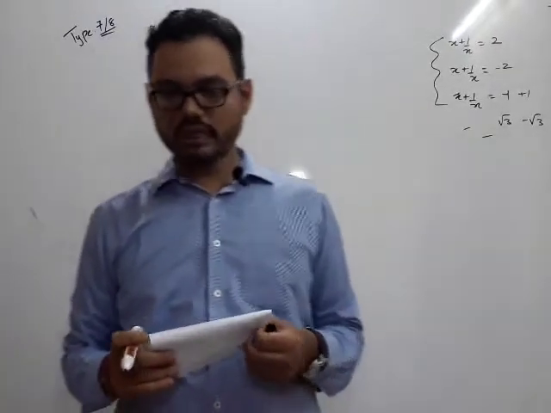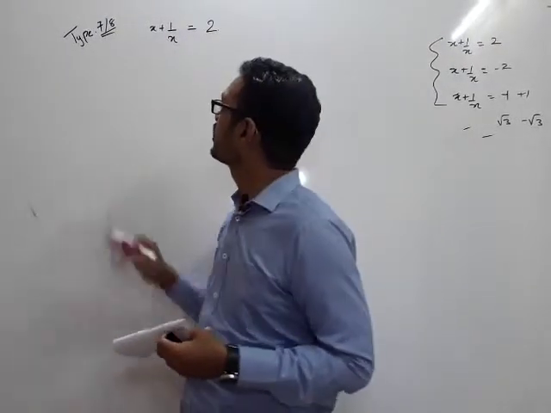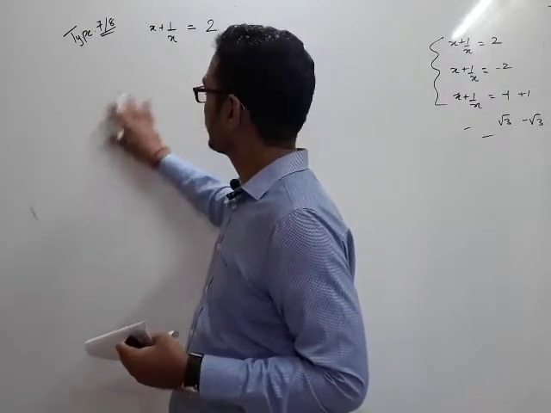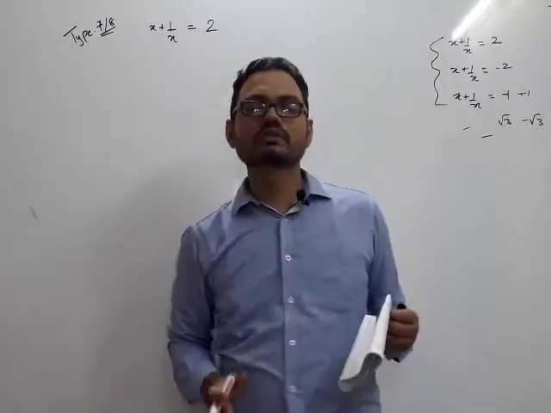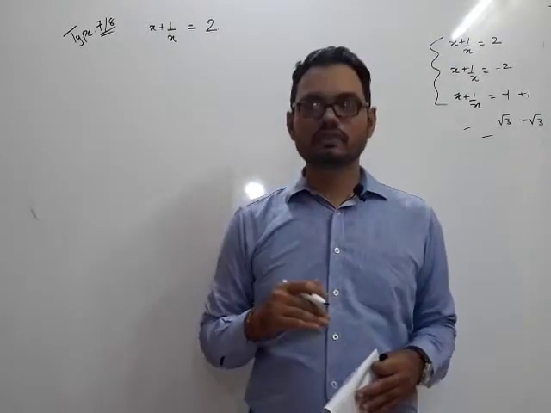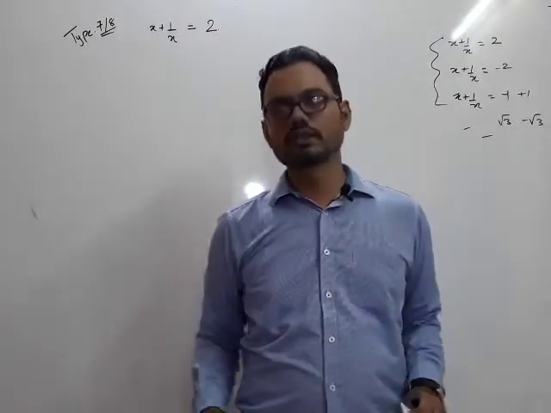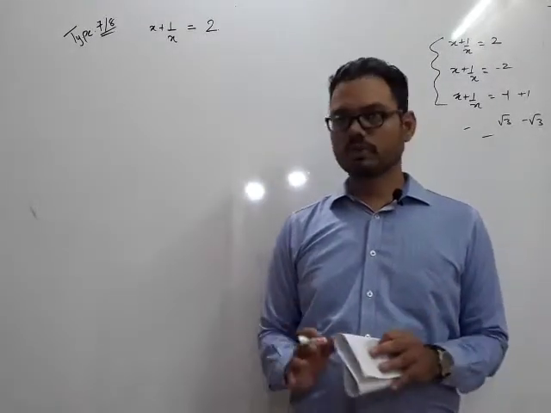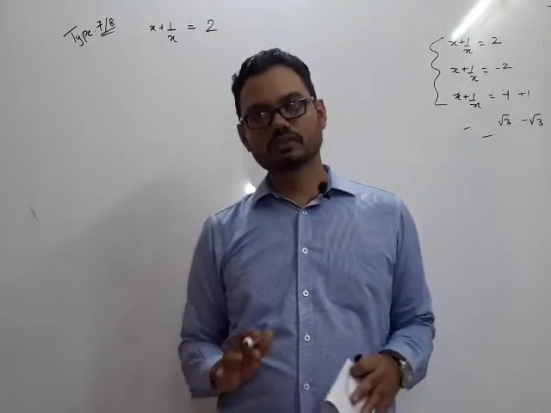Okay, so whenever you see any such value, x plus 1 by x is equal to 2, you have to straight away write one equation, and at the same time we will draw some inference, some conclusion from that statement. The conclusion will be our formula to solve any question which is asked.